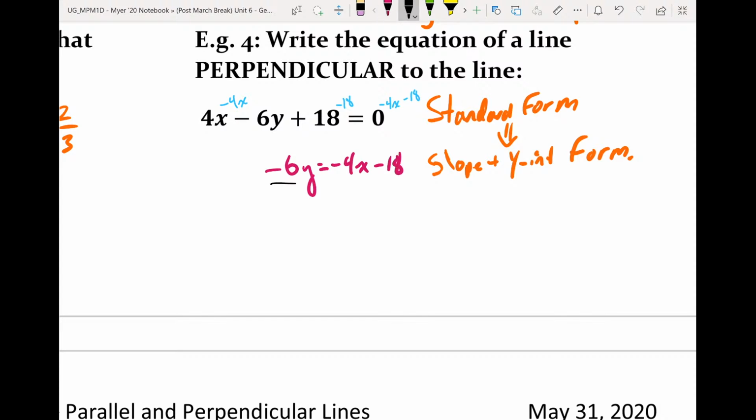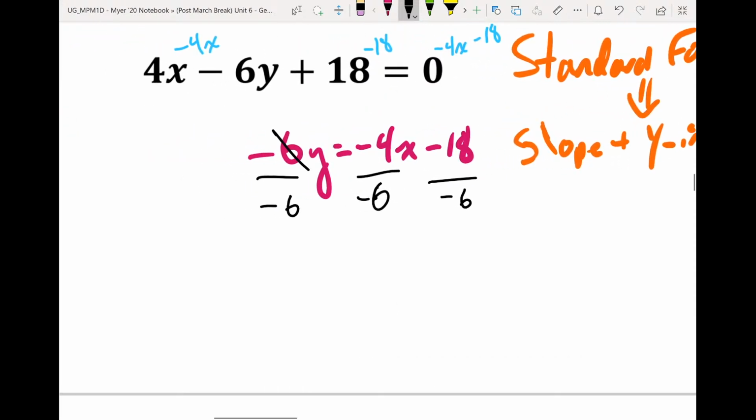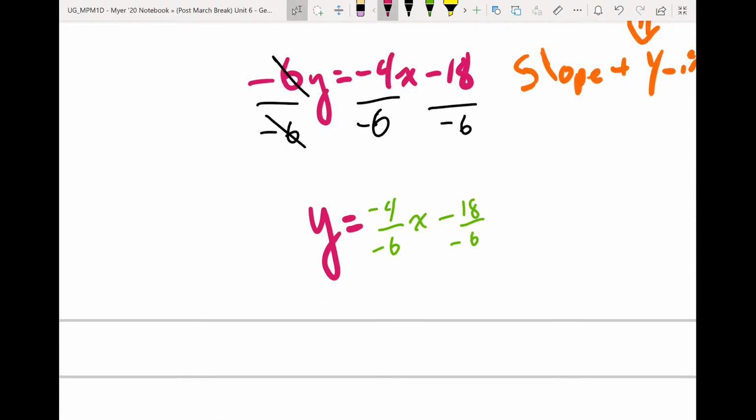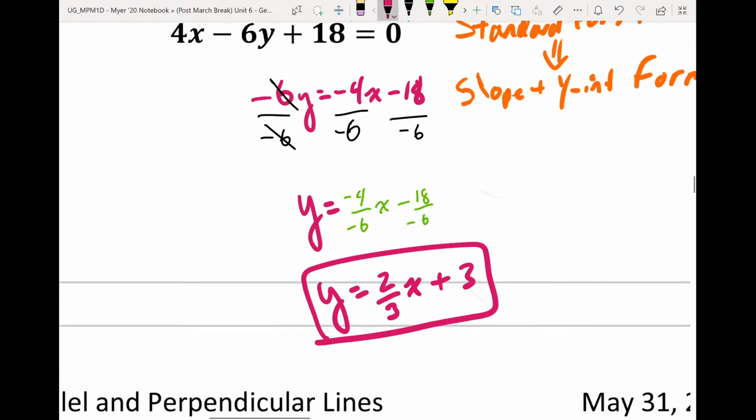And I want to get rid of that 6, so I'll divide everything by -6. And these will cancel, and I'll be left with y equals -4 over -6 x. And I have -18 over -6, which I can simplify to 2/3, because a negative over negative is positive, and 3. So there's my equation.